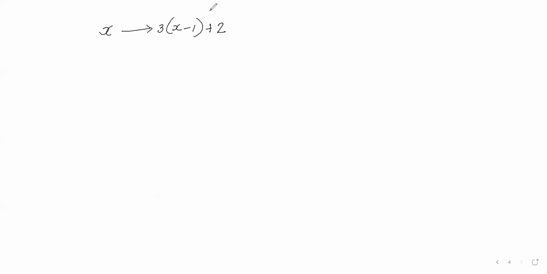This is how we would write a relation: x is mapped onto this. But now we're going to put it as a function of x. The function of x is mapped onto this.